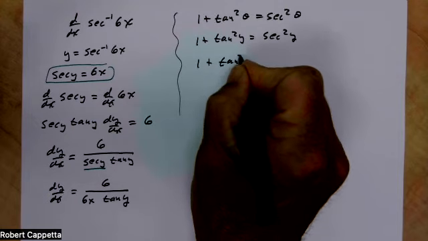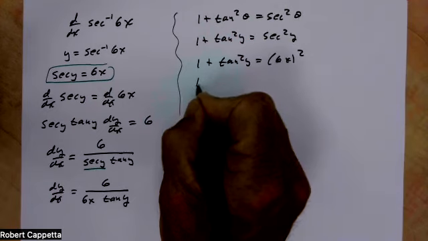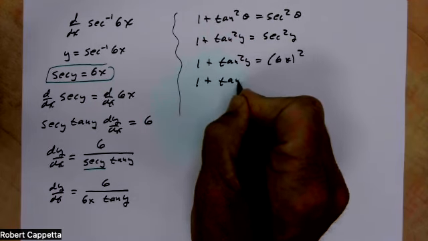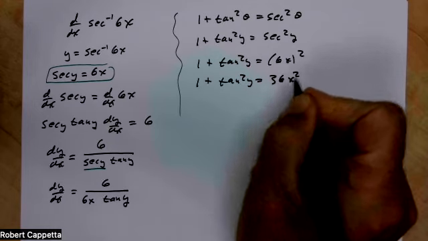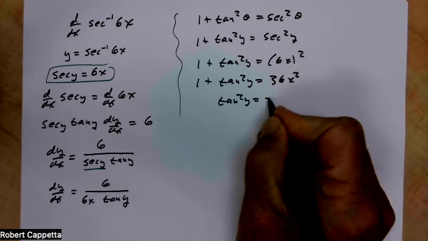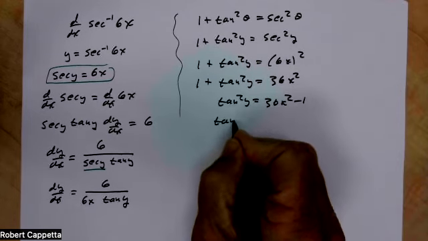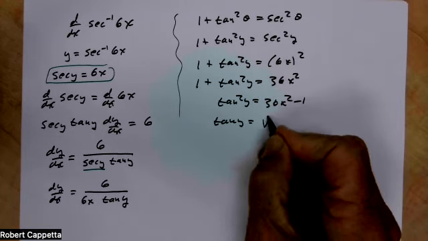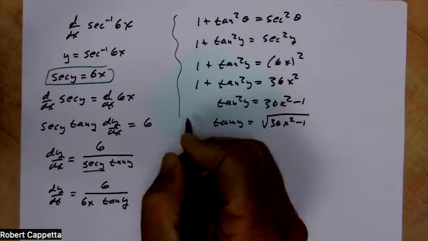So 1 plus tan squared y is 6x squared, so 1 plus tan squared y is 36x squared. So tan squared y is 36x squared minus 1. So tangent y, ignoring the minus, is the square root of 36x squared minus 1. That's one way to get that.